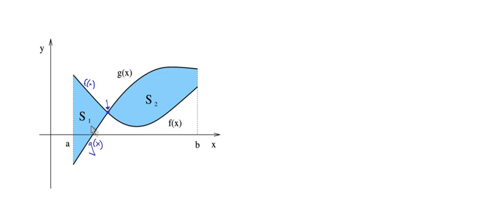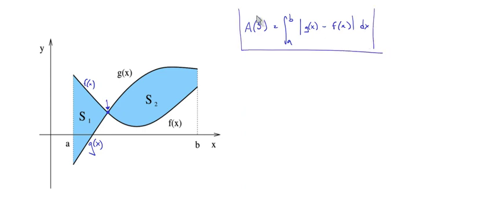We want the integral between a and the point of intersection of f minus g, plus the integral between that point and b of g minus f. So we can write this in a general way: the area of this form S is the integral between a and b of the absolute value of g minus f, or f minus g, it doesn't matter. This is the formula that we're going to use.